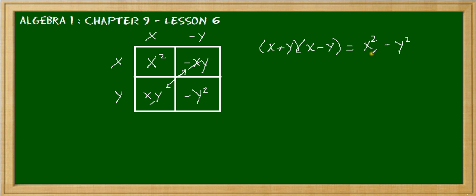So when we see x squared minus y squared, we can write any terms that are being squared and subtracted. We can factor them to be x plus y times x minus y. I use x and y because that's the example we're using.